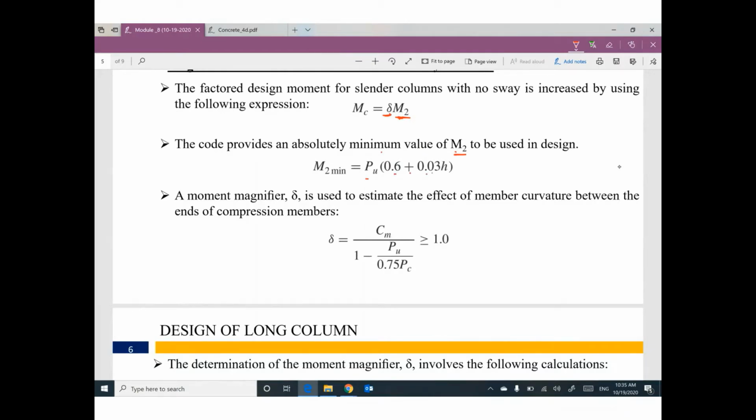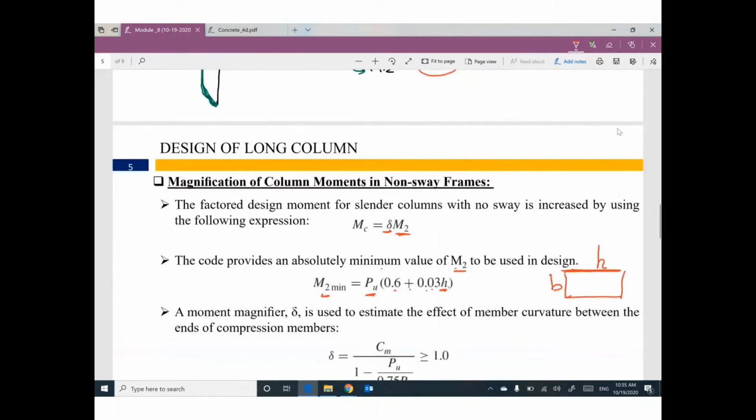Here is the column, here is B and here is H. So this length of the column is H. Multiply it by 0.03 plus 0.6, all of them times P ultimate. I can get the minimum value for M2 if you are in this case.